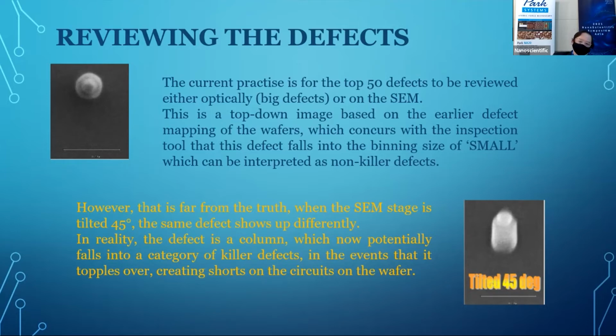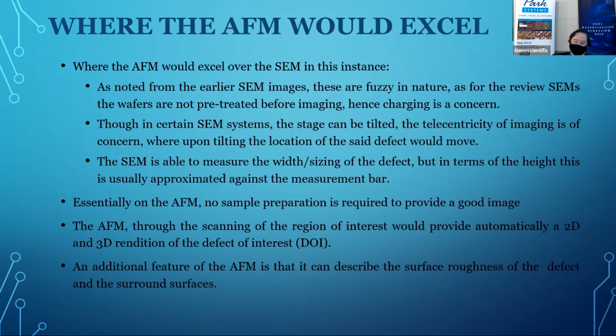The reason for this is that you are unable to do any sample preparation, meaning that you do not coat it, you do not do any polishing or post-processing of these surfaces before you stick it into the SEM. In this instance, the review SEM, you just stick the wafer as is into the chamber. So what you're seeing is outgassing and charging of the surfaces. Thus, you don't get a very strong image of what you're looking for.